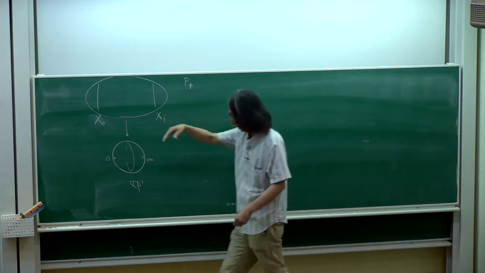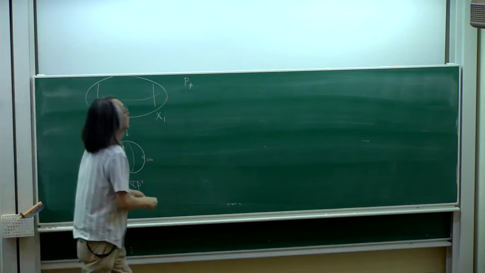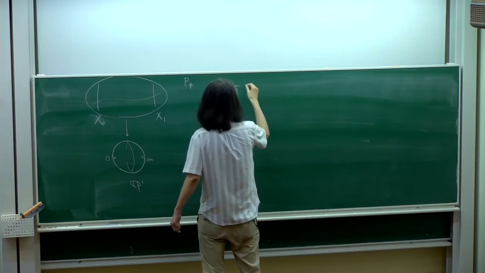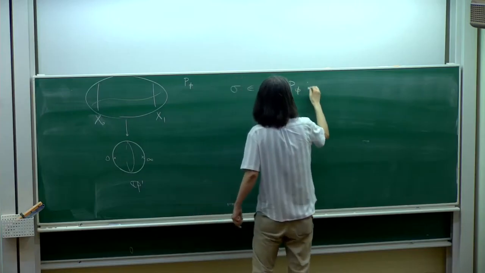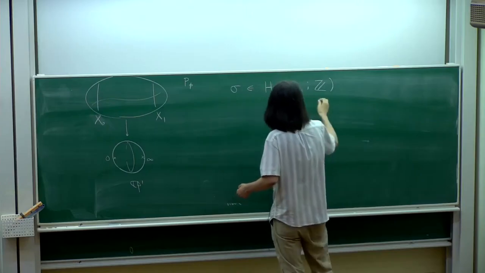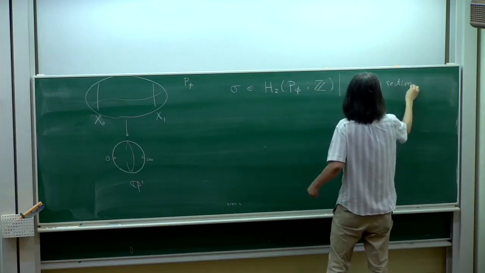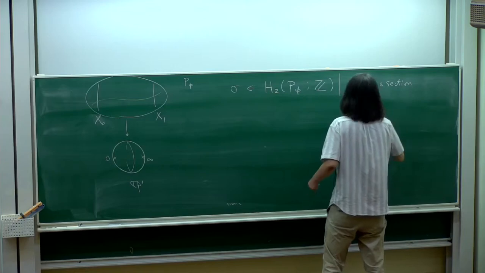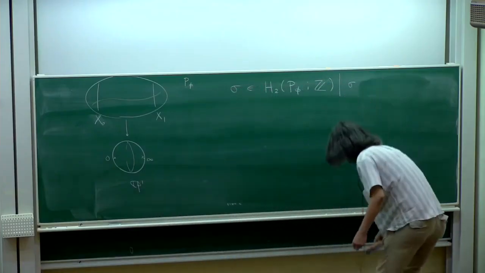And then consider some section of this. Okay? So now we consider this sigma. Sigma may be a class in H2 of P phi of Z, which represents the sections. So sigma is represented by a section.